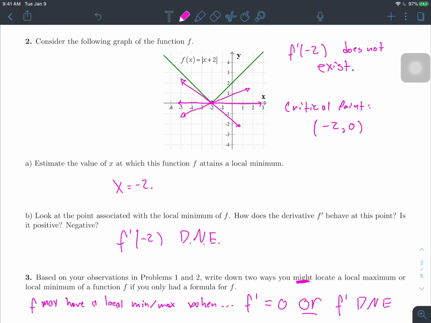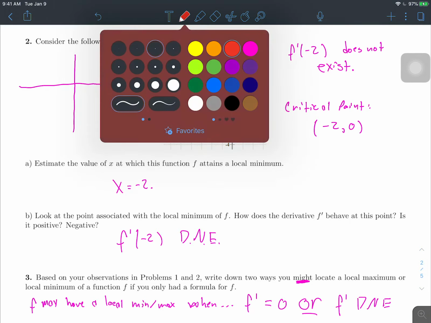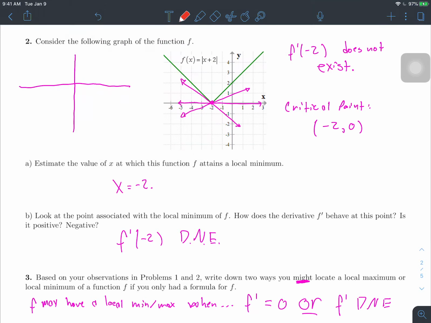Now, let me quickly give you an example of a function which has a critical point but doesn't have a local minimum. It might look something like this. It might come down like that and then go off like that. So the reason that this is not a minimum is because if I'm riding my roller coaster on this thing and I hit this point right here, I haven't reached the bottom of the roller coaster yet.